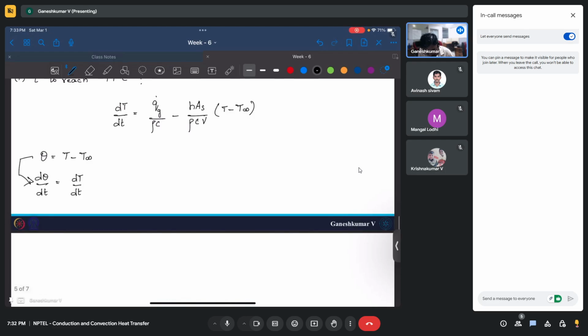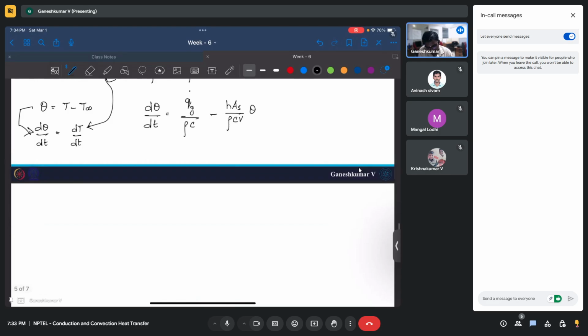So I can replace this dT by dt with d theta by dt. And then I can write this q dot term the same, minus HAS by rho CV, and T minus T infinity I can replace with theta. This is just for simplification to easily get the solution.